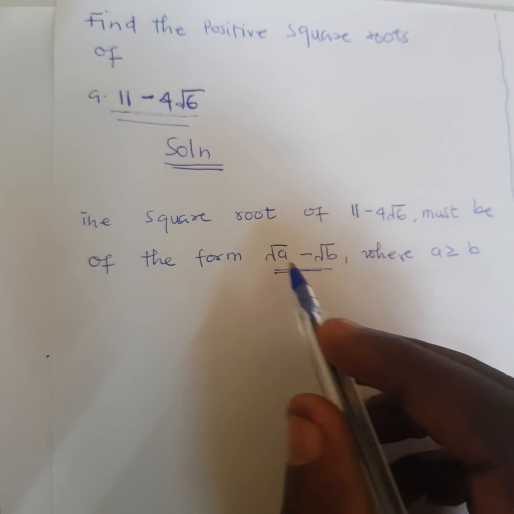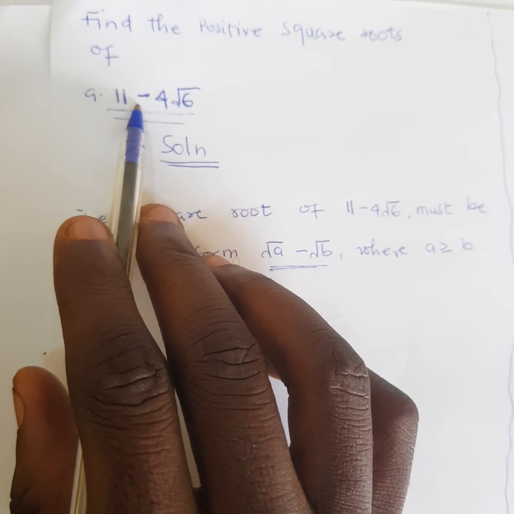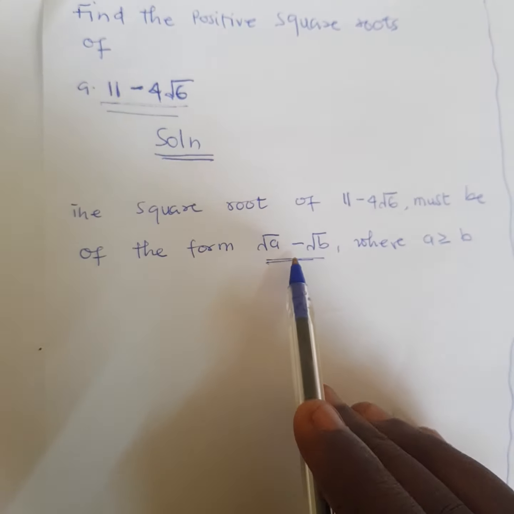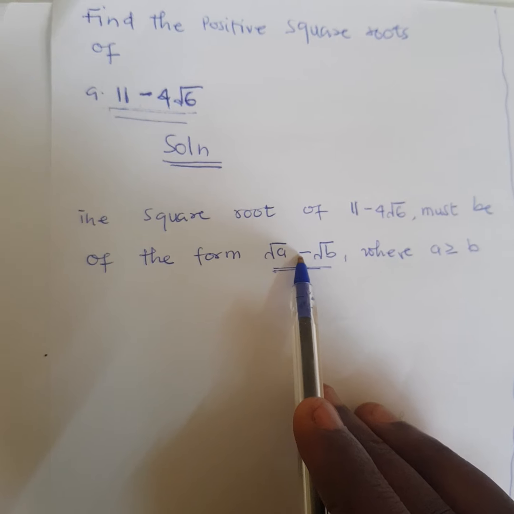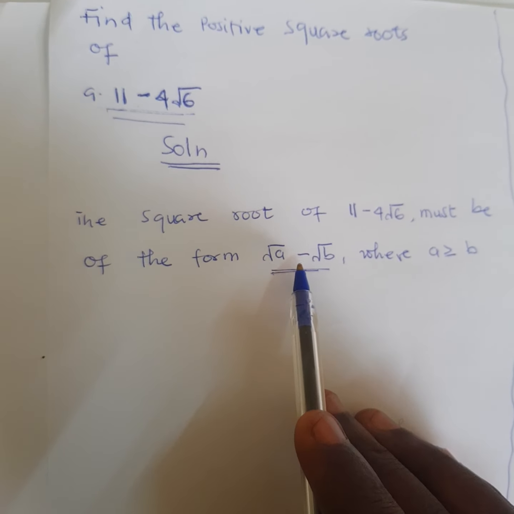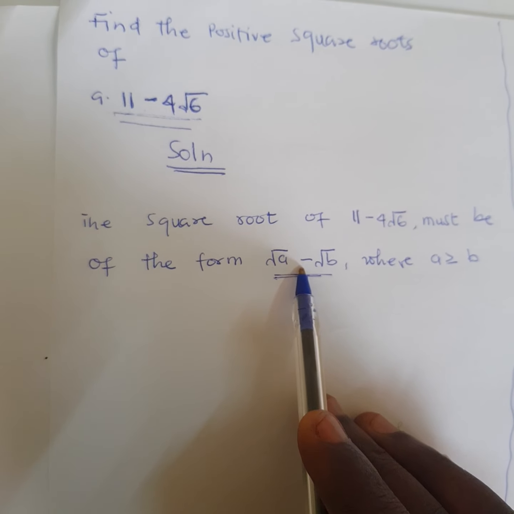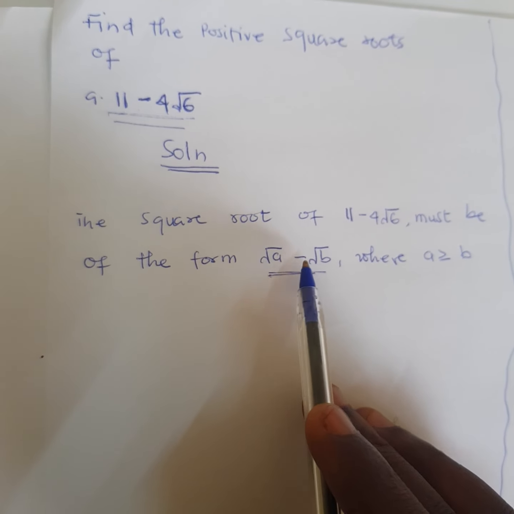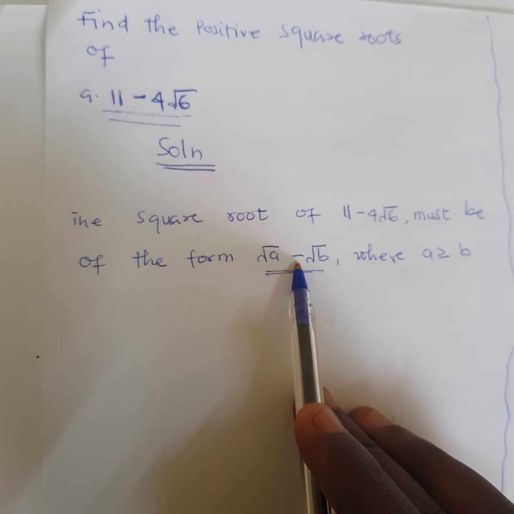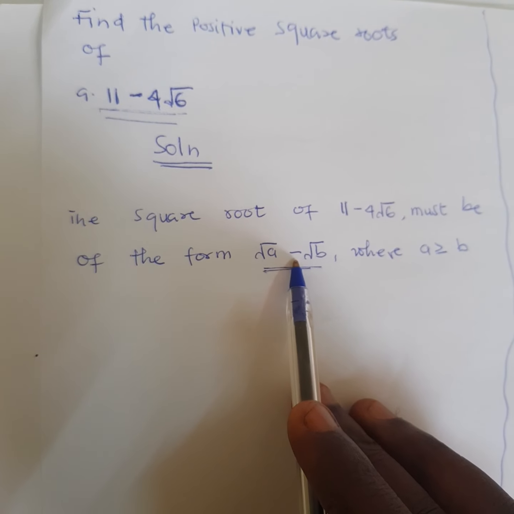We are representing this as this. And so if the arithmetic sign here is negative, the sign between the root of a and the root of b must also be negative. And if it is positive, then it must also be positive. And here it happens to be negative.